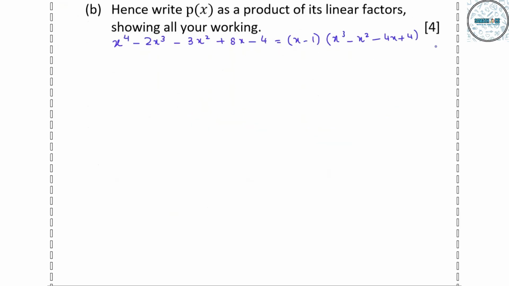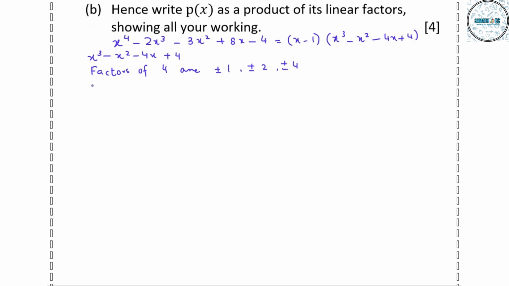Now we will factorize this cubic expression: x cubed minus x squared minus 4x plus 4. We'll use factors of 4 to find out the first factor. So factors of 4 are plus minus 1, plus minus 2, and plus minus 4.